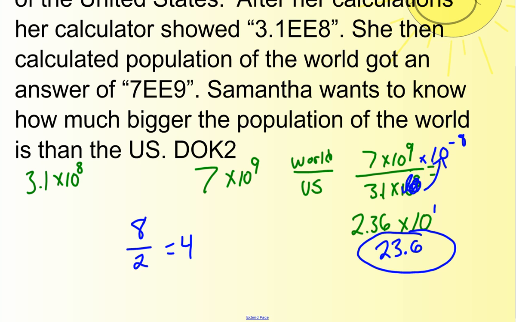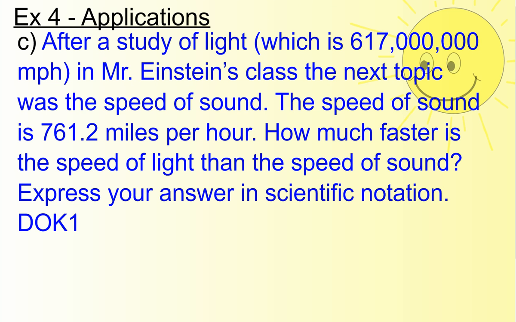Now, I have 2 more of these problems for you to try. The first one says, after studying the speed of light, little typo in there, or I just can't read, after a study of light, which is 617 million miles per hour, in Mr. Einstein's class, the next topic was the speed of sound.